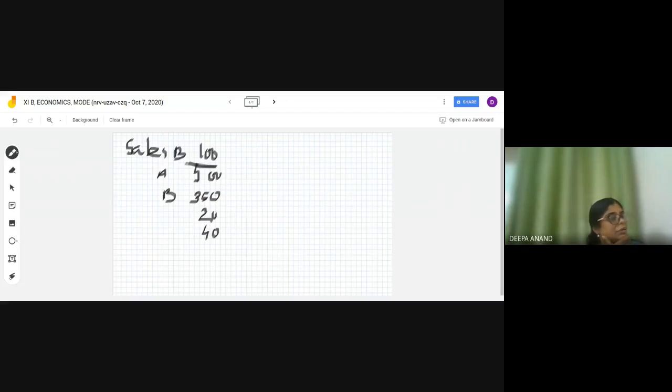Next, you have to find out gross domestic product at market price, then net domestic product at factor cost.